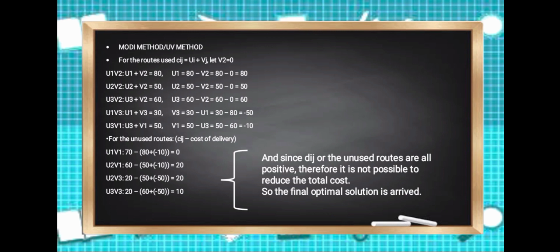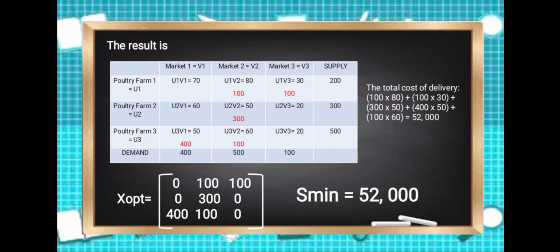Therefore, we can conclude that in poultry farm 1, we can deliver 100 bags in market 2 and 100 bags in market 3. In poultry farm 2, we can deliver 300 bags in market 2.